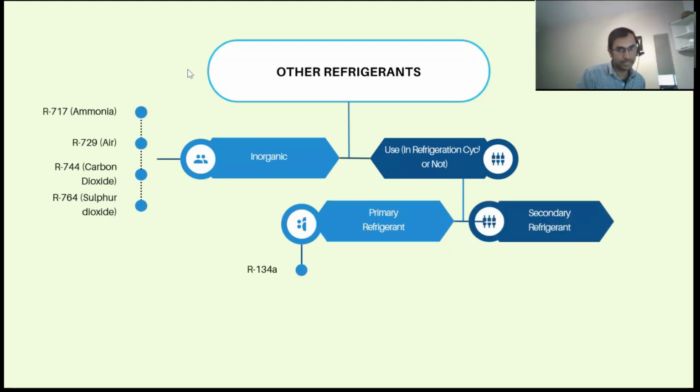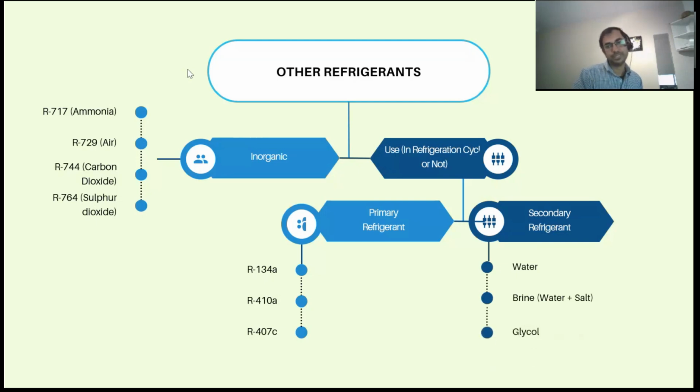Primary refrigerant means the main refrigerant used in the refrigeration cycle, like R134a, R410A, R407C, which we have discussed in our previous slide. And the secondary refrigerant is like water or brine, that means water plus salt, or glycol. These are the refrigerants used for transferring heat from the primary refrigerant. So this is called a secondary refrigerant.